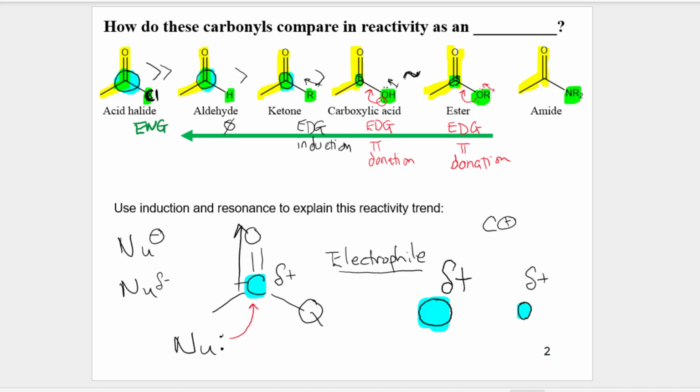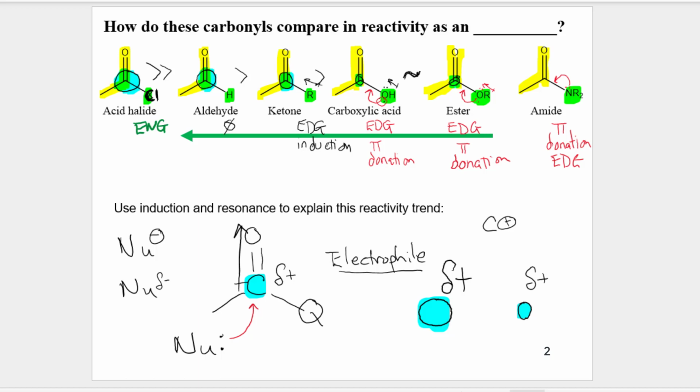Lastly, we have the nitrogen, and the nitrogen is also a pi donor, but I've switched to nitrogen, right? It's electron donating. Nitrogen, when compared to oxygen, is less electronegative. Remember, that means less greedy. So it's more willing to donate its pi system.